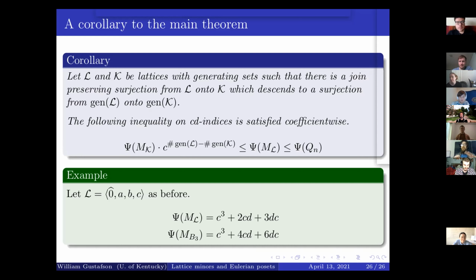The statement for the lattices was there's a join-preserving surjection, and it sends the generators onto the generators. So for graphs, we have a join-preserving surjection on lattice of flats, and then all the atoms would go to atoms or the minimal elements. This is like a strong map of matroids if you want to think about matroids.